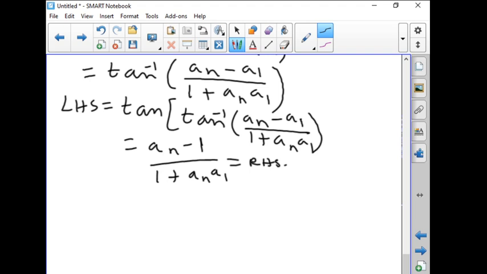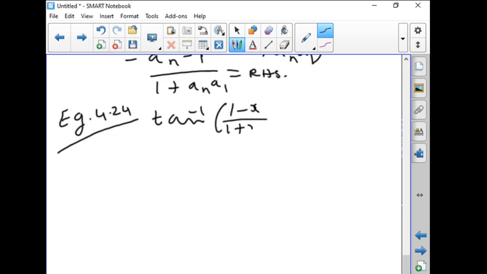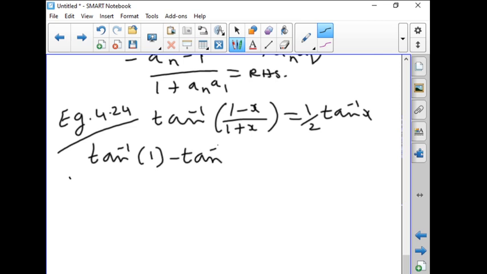Only one more small example I will explain. 4.24. Solve tan inverse of 1 minus x by 1 plus x is equal to 1 by 2 tan inverse of x. Here, tan inverse of 1 minus tan inverse of x is tan inverse of 1 minus x by 1 into 1 plus 1 into x.